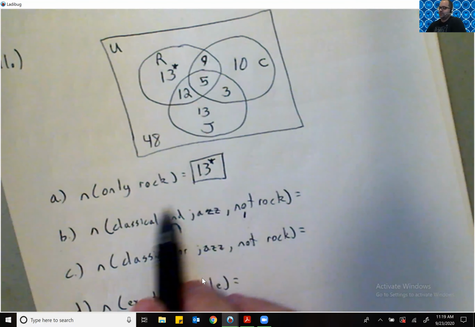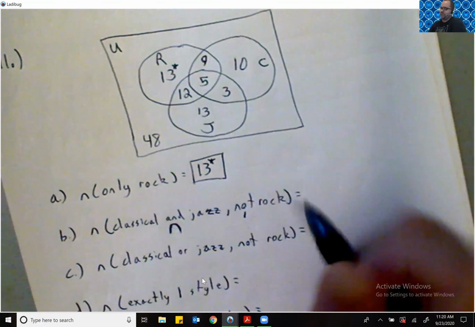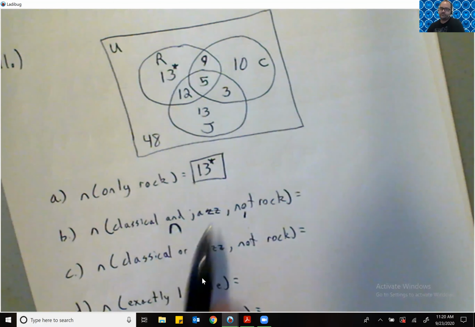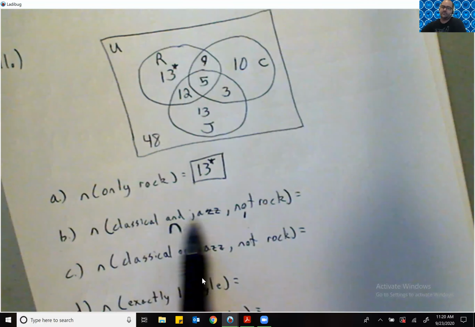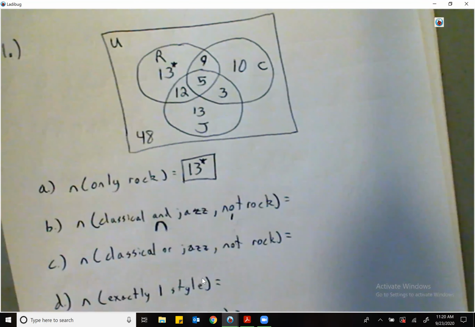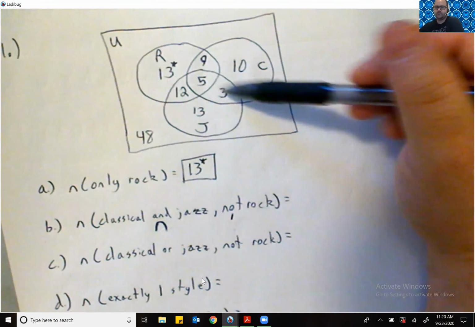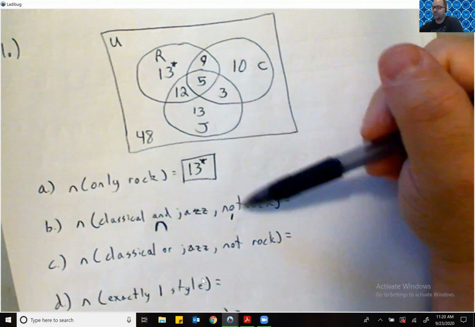So first off, what numbers represent the intersection between classical and jazz? 3, 5, and 3 and 5? Just 3 and 5. These two. But here you have to do one extra piece.